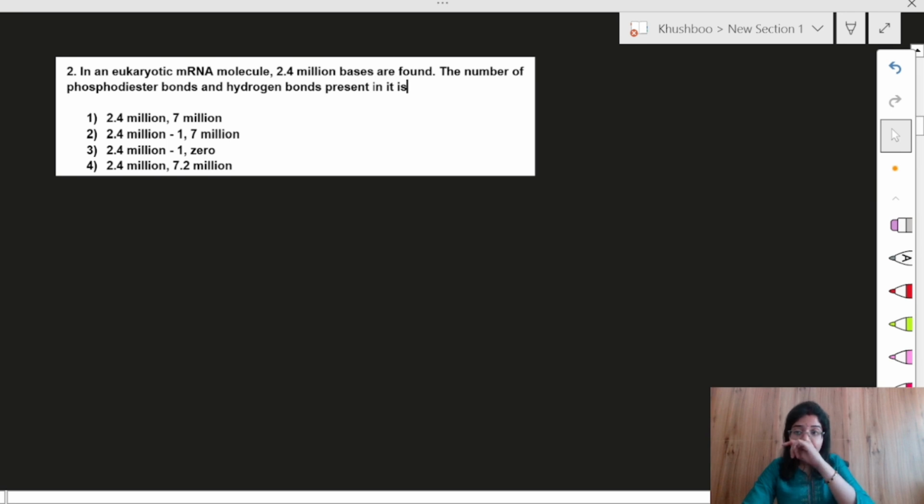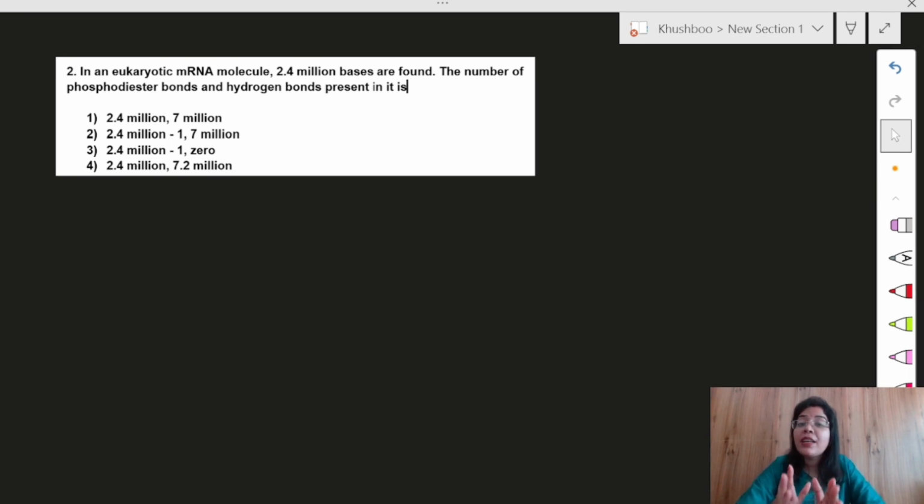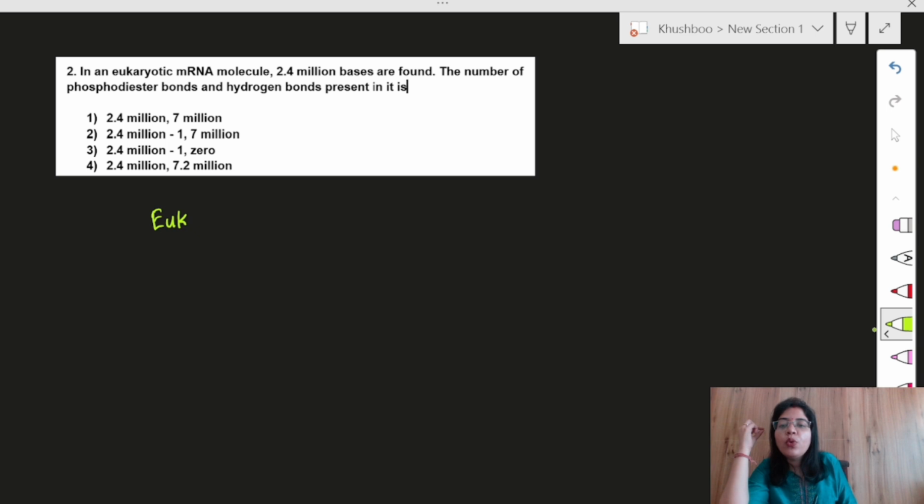You can see here, in a eukaryotic mRNA molecule, 2.4 million bases are found, right? The number of phosphodiester bonds and hydrogen bonds present in it. In this kind of question, you have to be very careful and see that this is not DNA. They are talking about eukaryotic mRNA. mRNA is single stranded, right?